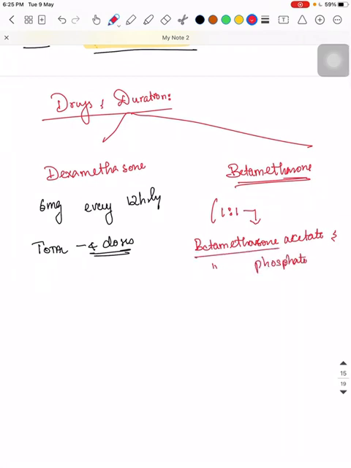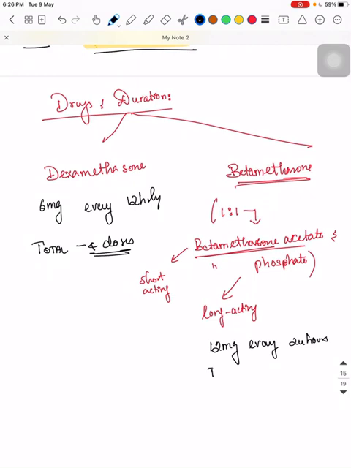Betamethasone acetate is short acting, while betamethasone phosphate is long acting. So this mixture is suggested for antenatal corticosteroid use at a dose of 12 mg every 24 hours, total 2 doses.